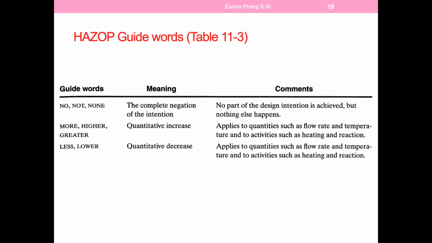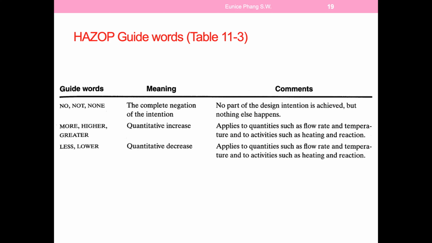What could cause no flow rate? And what are the consequences of having no flow rate in this pipe? Then we want to come up with preventive measures to prevent the no flow rate, and also a detection method to detect it, like how do we know when there is no flow rate? Then we go to the second one.